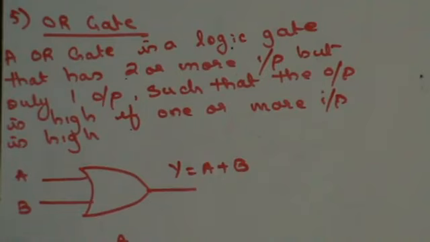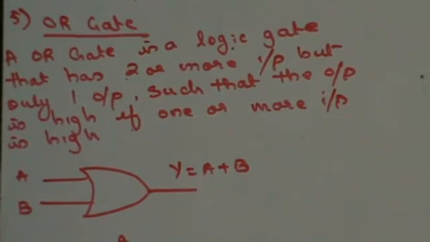What is the input and the output for an OR gate? Input, there are two inputs for an OR gate, A and B. Output, there is one output for the OR gate, Y, which is equal to A plus B. Now the inputs can be low or high, right?